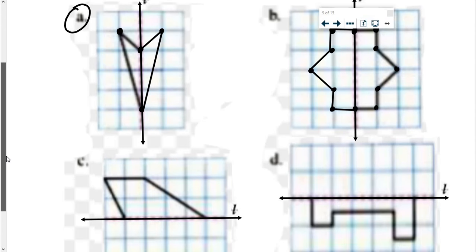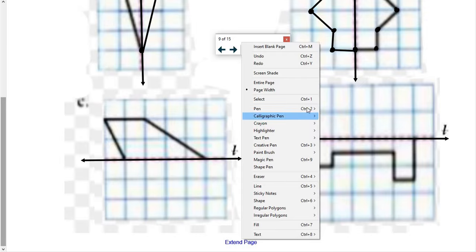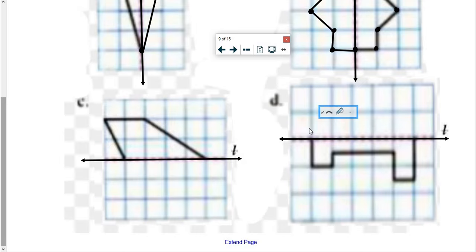Next, how do we complete this half? Step number 1, identify the corners that make this half you see.